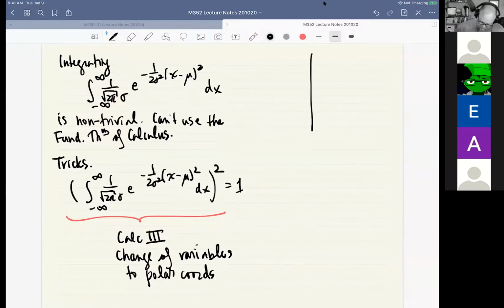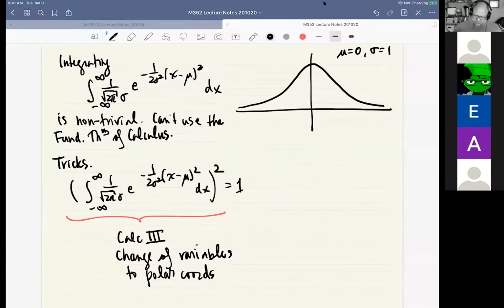The graph of the integrand looks like this. So this is for mu equals 0 and sigma equals 1. The graph looks something like that. That's kind of a crappy drawing, but it's what's often referred to as a bell-shaped curve.